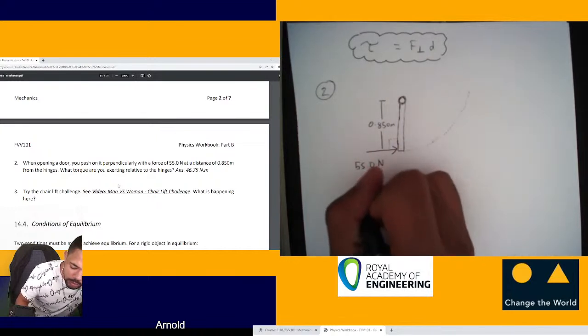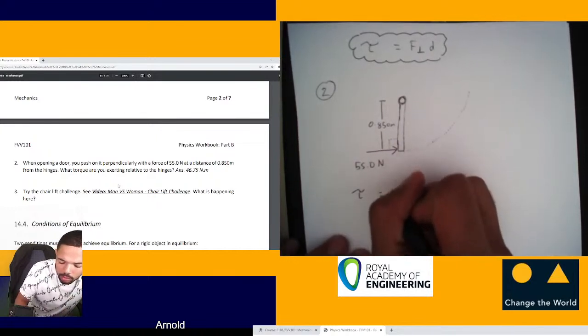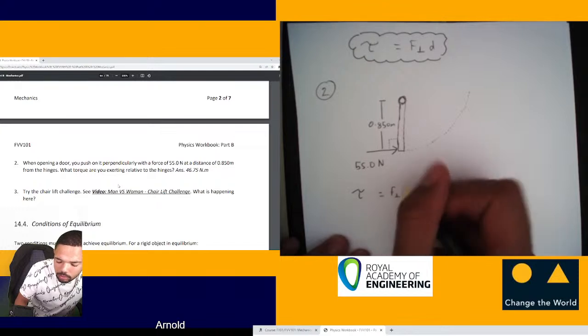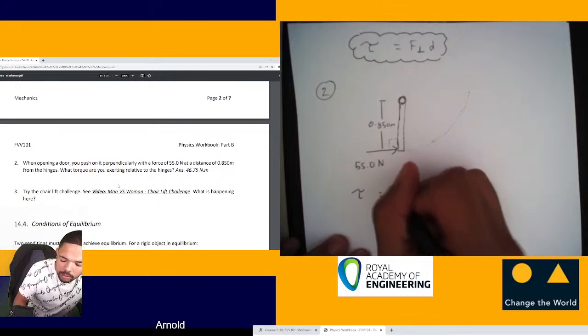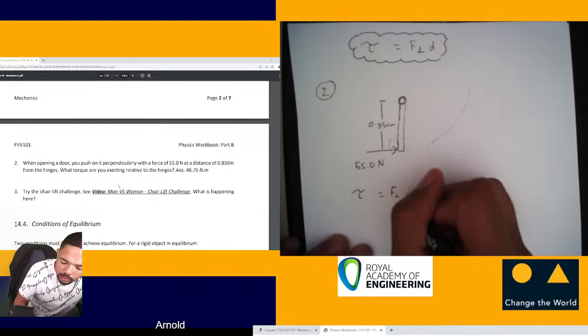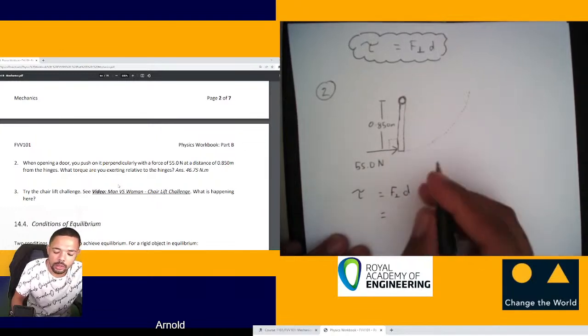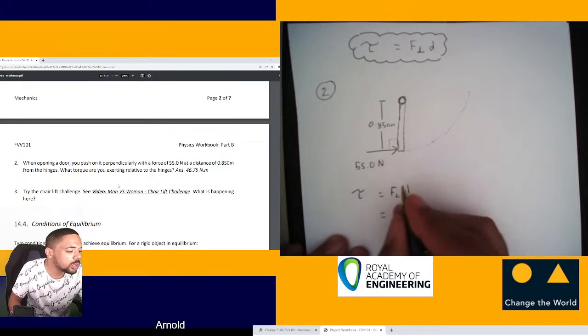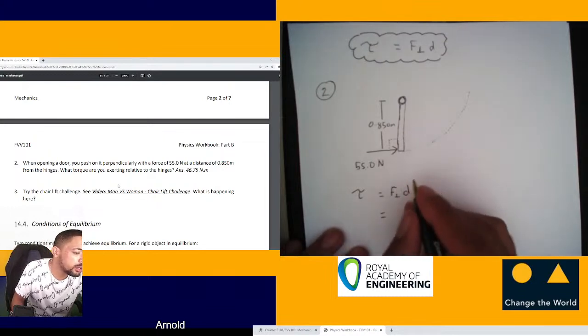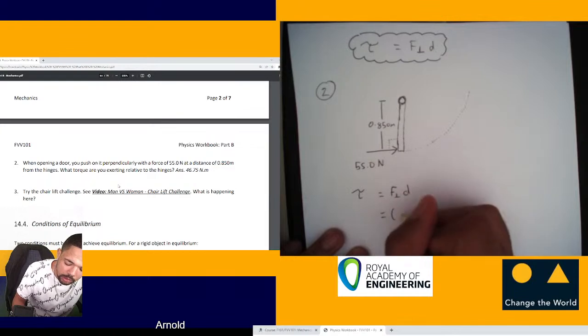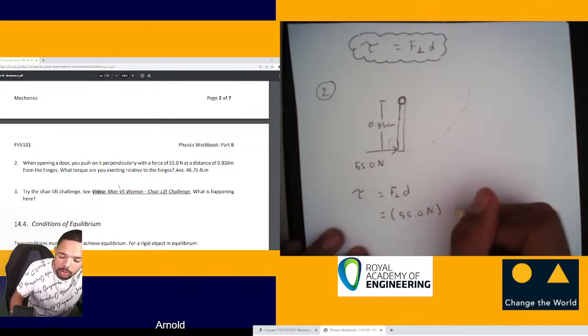Now torque, we've already established, is just a product of the perpendicular component of a force multiplied by the distance at which that force acts on that object. Since the force is already acting perpendicular, the perpendicular component is just the force given, 55.0 newtons, multiplied by the distance, 0.850 meters.